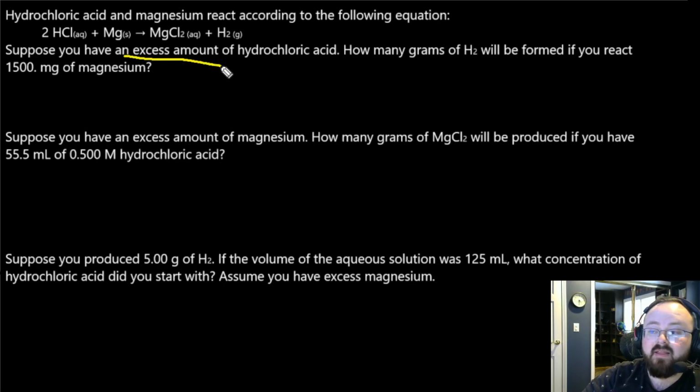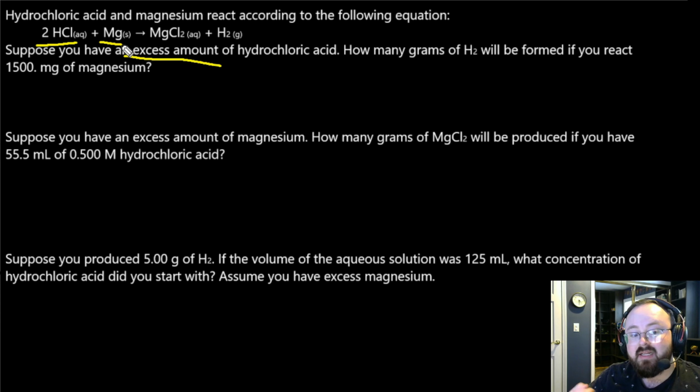But by saying that I have an excess amount of hydrochloric acid, which is one of our reactants, I'm already telling you that the magnesium is the limiting reactant. So the amount of my product is based off of the magnesium, which means we only have to do that calculation. We're only converting magnesium into grams of H2.